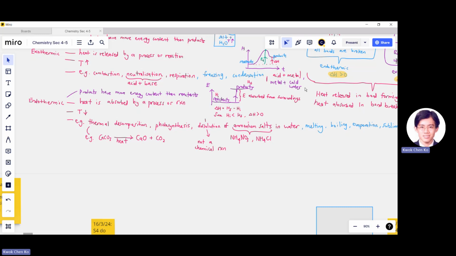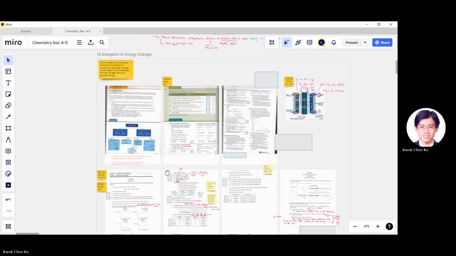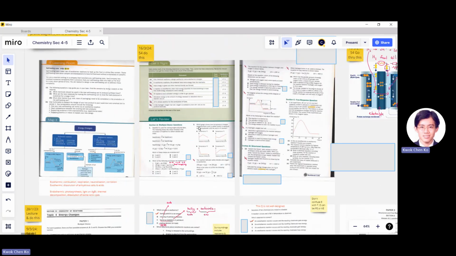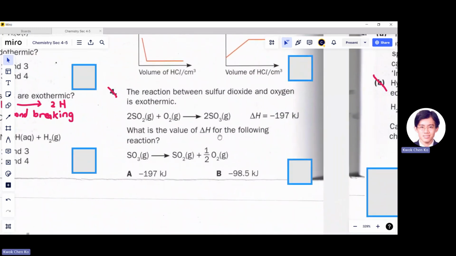Which one is number 3? Number 4. Okay, better write it down somewhere for you.